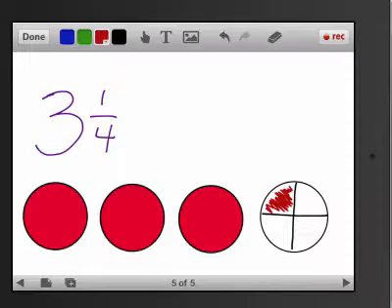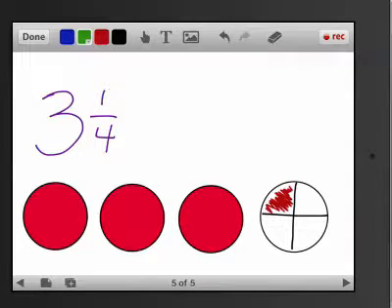My example is 3 and 1/4. Down below, I have 3 full circles filled in for my whole number and 1 section out of the 4 sections filled in for my fraction. We need to change that to an improper fraction.